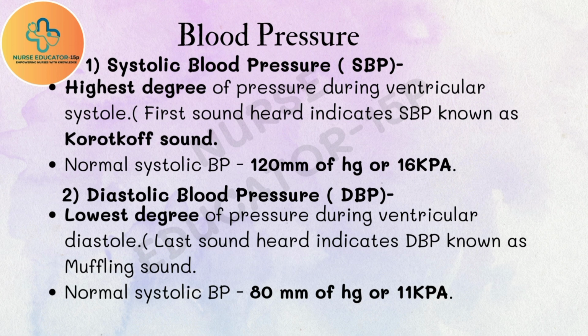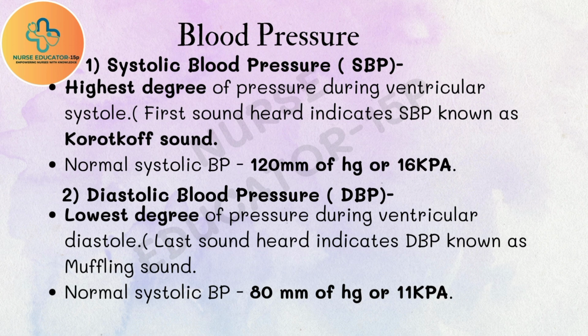The diastolic blood pressure is the lowest degree of pressure during ventricular diastole. The last sound which we hear while checking the BP is the muffling sound. The normal diastolic blood pressure is 80 mm of Hg or 11 kilopascal pressure.